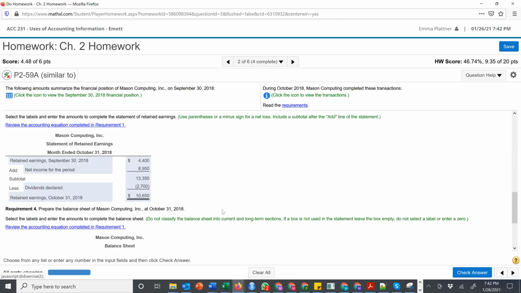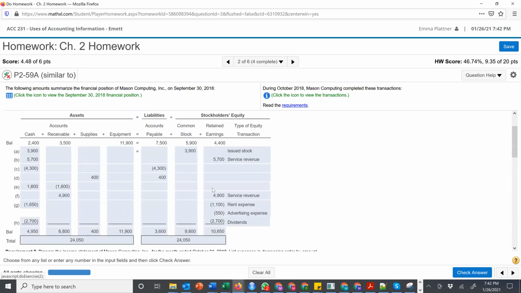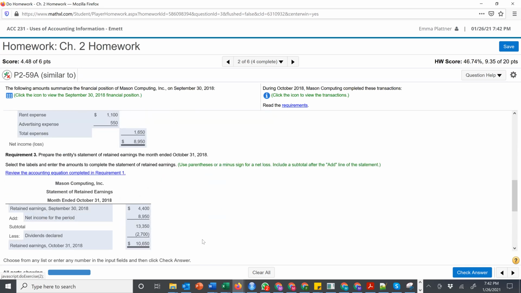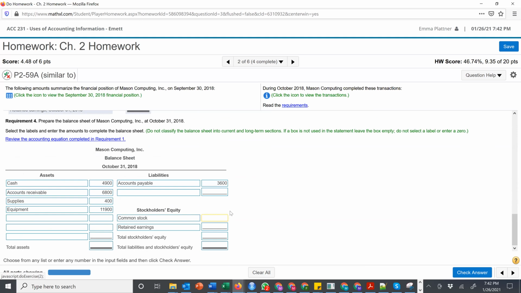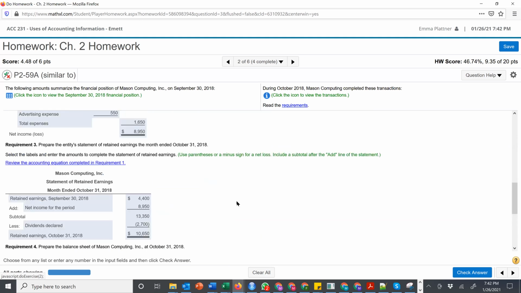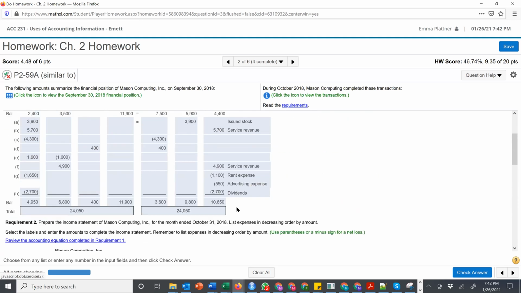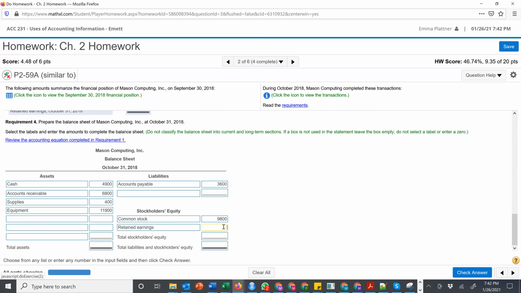Common stock is 9,800. Retained earnings is 10,650. Total stockholders' equity is these two added together. So what is that?